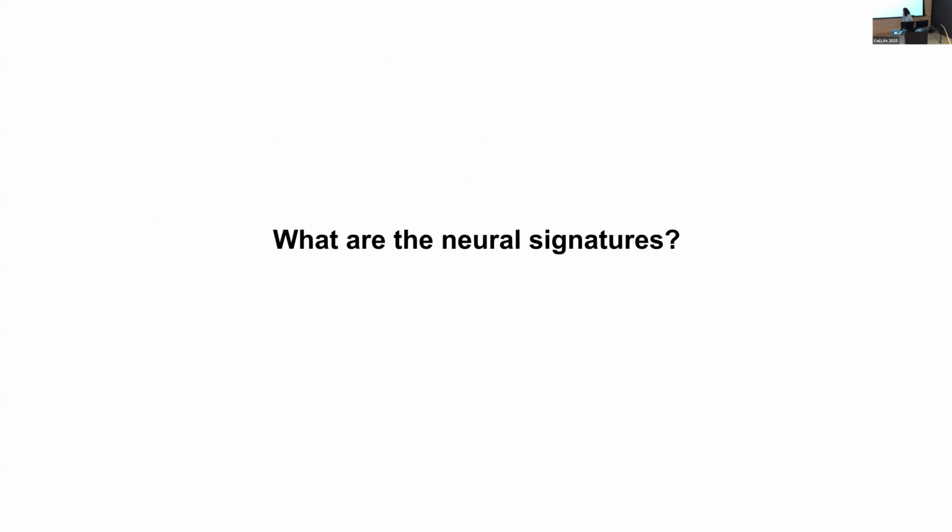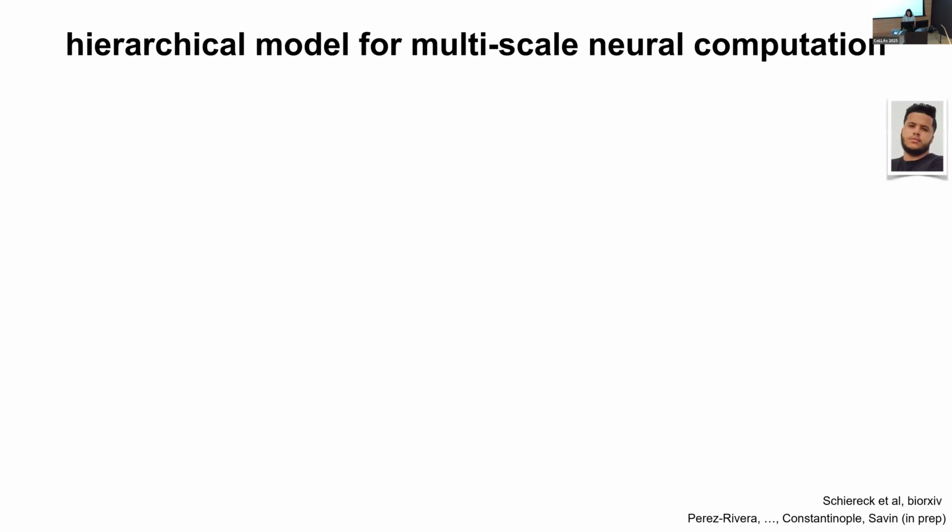Okay, so we got the places, but how? How can we understand something about the mechanics of this whole thing? Because we're collaborating with experimentalists, we were trying to develop some statistical tools to do data analysis to reverse engineer what's going on under the hood.